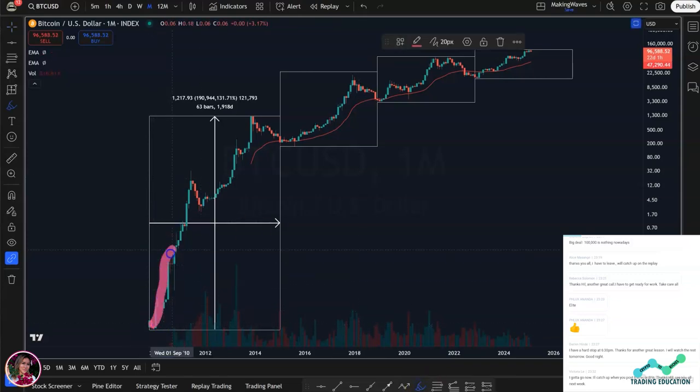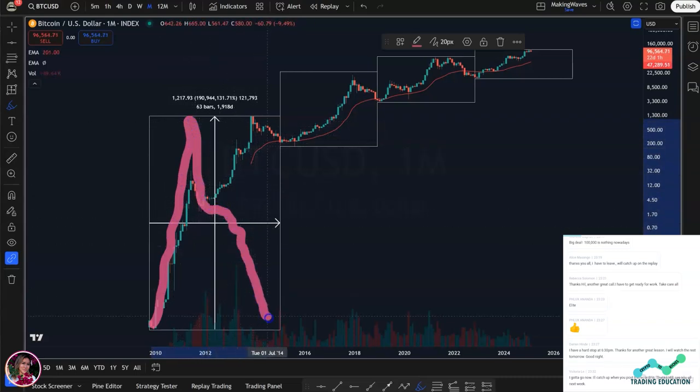So let's imagine the top actually happened here. That means the rest of that cycle you spend it going down. That's what happens if you get a top on the left side. Now, we can actually apply this, what I'm doing, on an unlimited number of time frames.